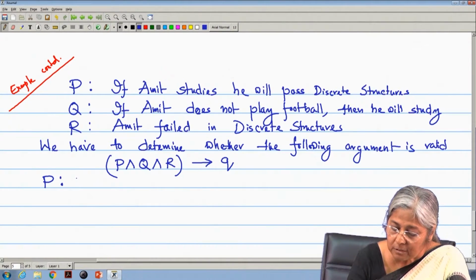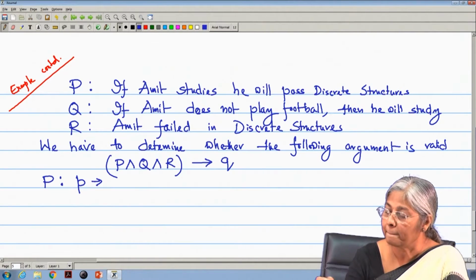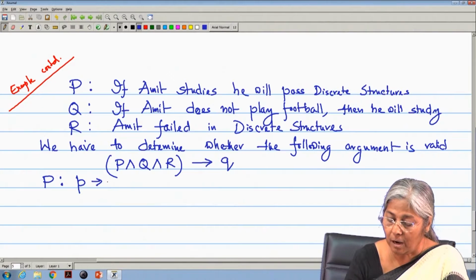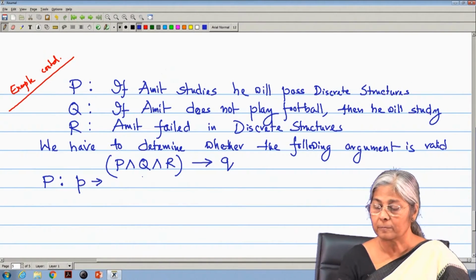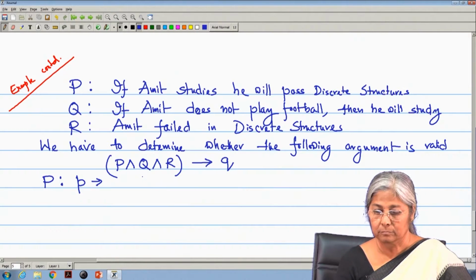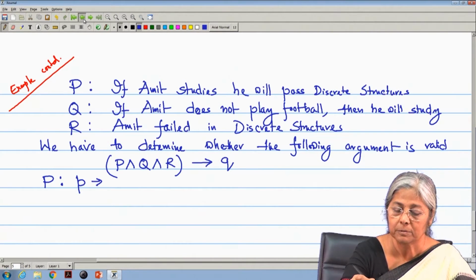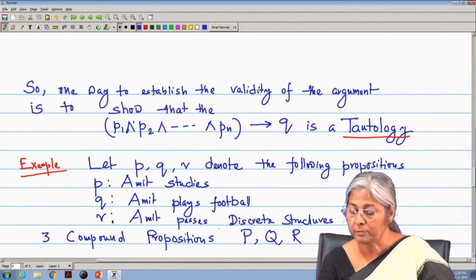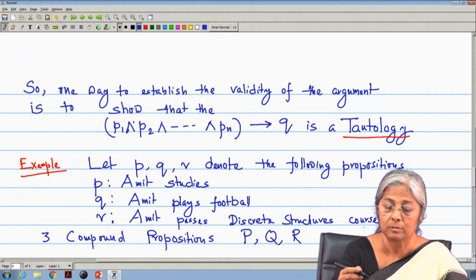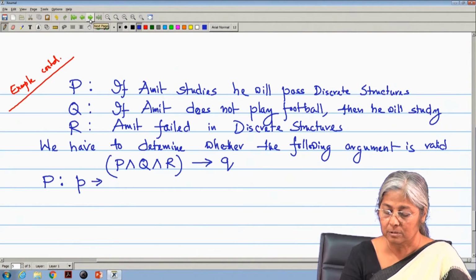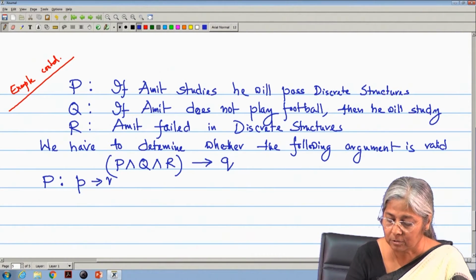Amit studies is small p. So, small p implies R, because R is Amit passes discrete structure course.